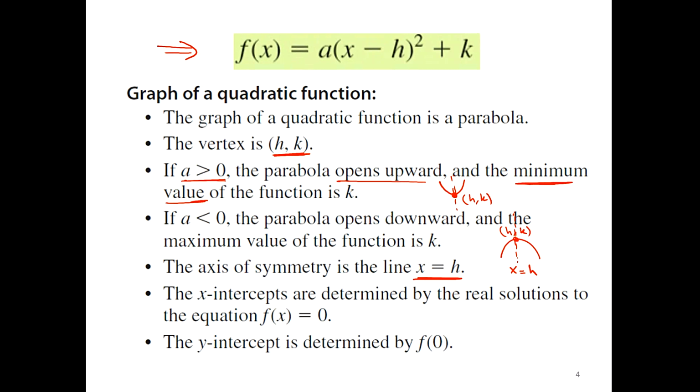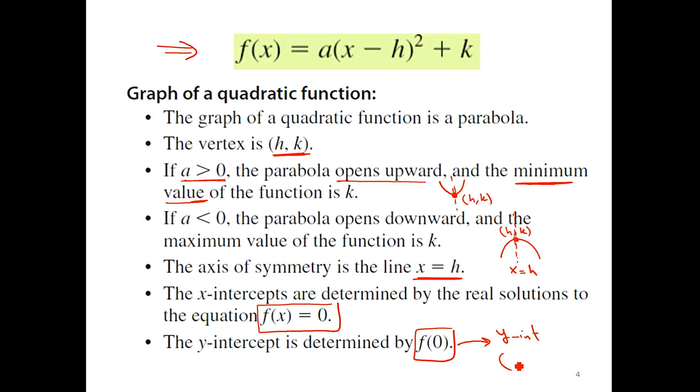Now, we may also have the x-intercept. We can obtain this x-intercept by putting f of x equal to 0. If we need to find the y-intercept, we need to find f of 0.